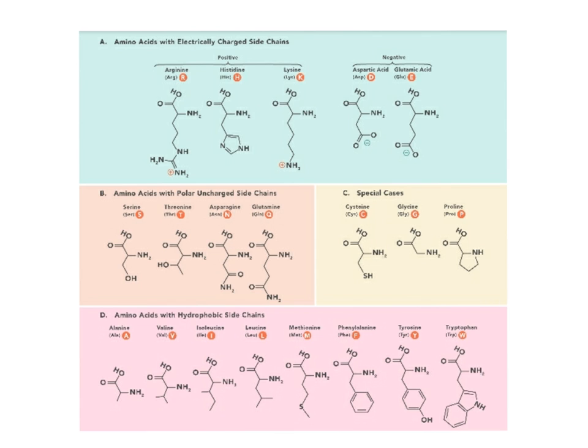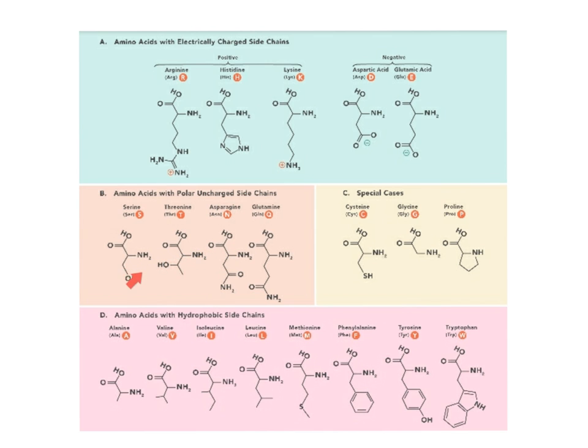Okay, so in the 20 different amino acids, we said we have different R groups. So here we have a glimpse of that. You can see in this part we have electrically charged side chains: positive, negative, negative. So we have charged groups. You don't need to know the detailed structure of all this, but you have to know there are different types of side chains. Here we can see there are polar uncharged ones.